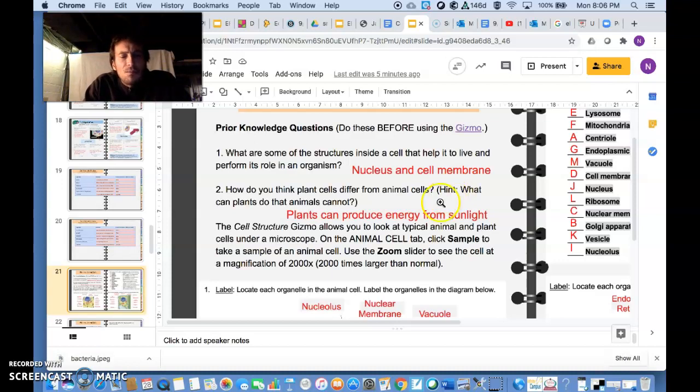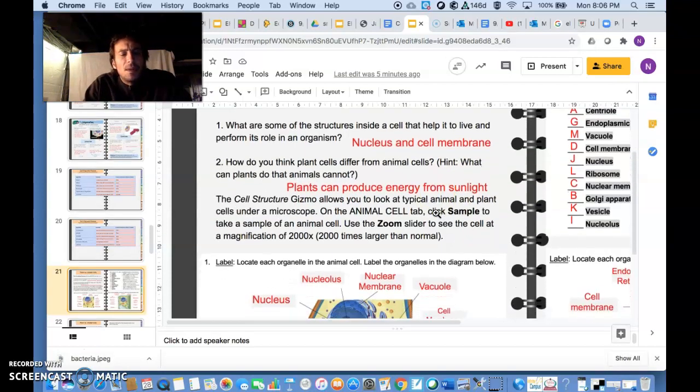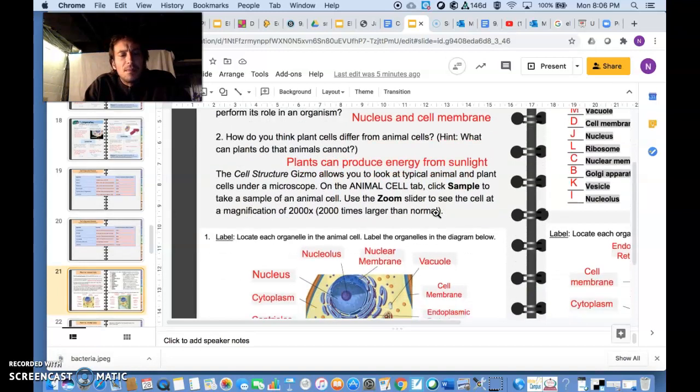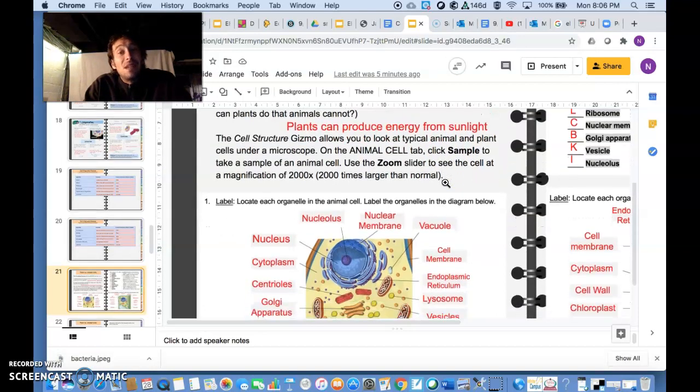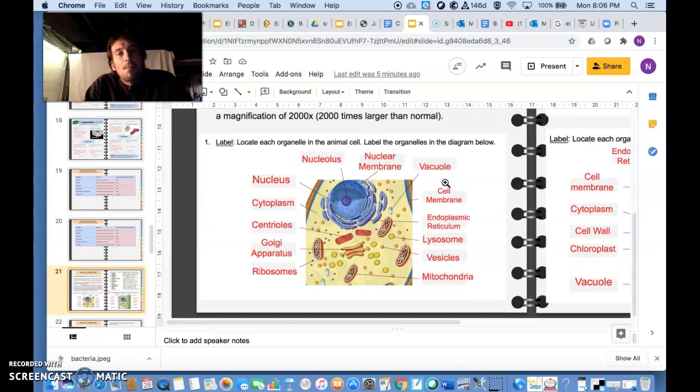Okay, you probably know something here about the difference between plant and animal cells. One of the big things is plants can produce their own energy from the sunlight. We'll get into more details and more terminology about what that means, but ultimately, plants can feed themselves. All right, so if you look here, organelles in an animal cell, you're going to see a lot of similar ones in a plant cell, right?